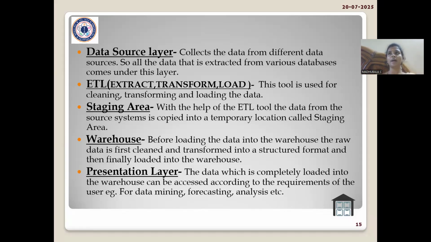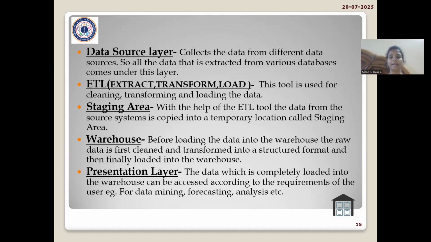If I need a particular student's details, I have to go to the school first, then the college, and then anything like the hostel, to collect the data from different data sources. The data source layer is used for collecting data from different sources, and all the data extracted from various databases comes under this layer.